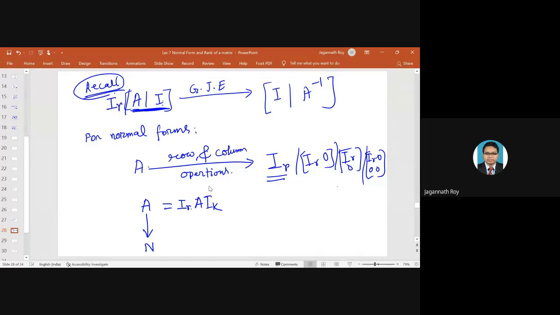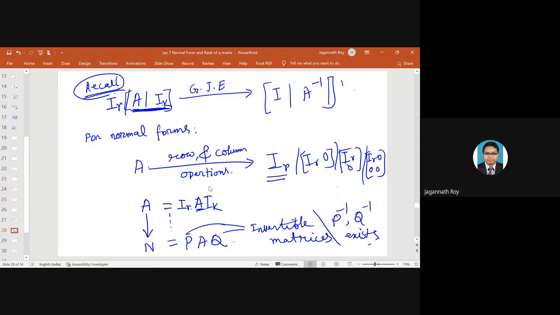This is I_r, this is I_k. Then we will try to find the matrices. Another matrix will be there, and we will not change the right hand A matrix. It will give us the P, A, and Q matrices. Both P and Q are actually invertible matrices, that means P inverse and Q inverse exist.